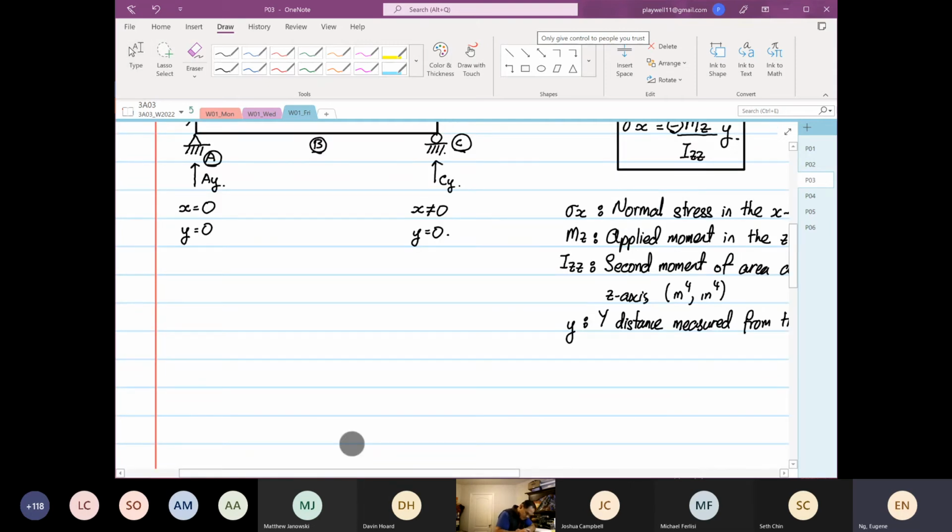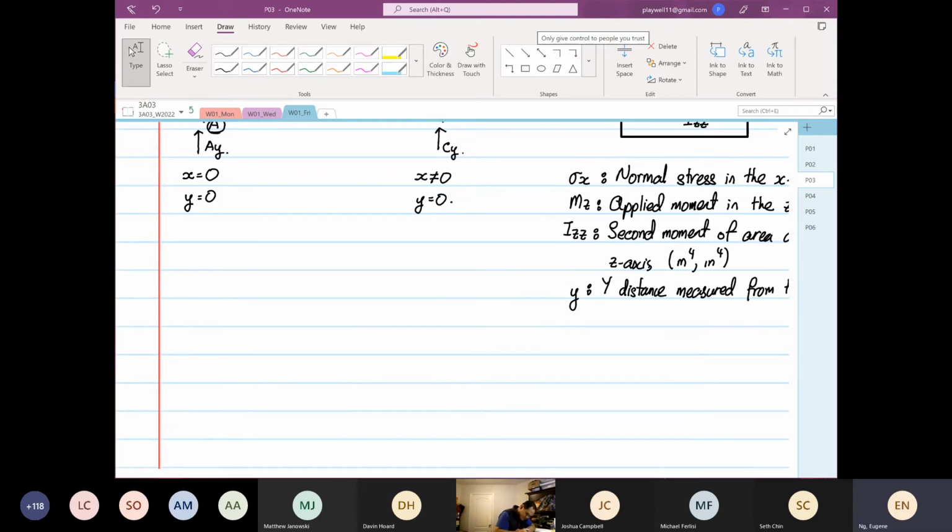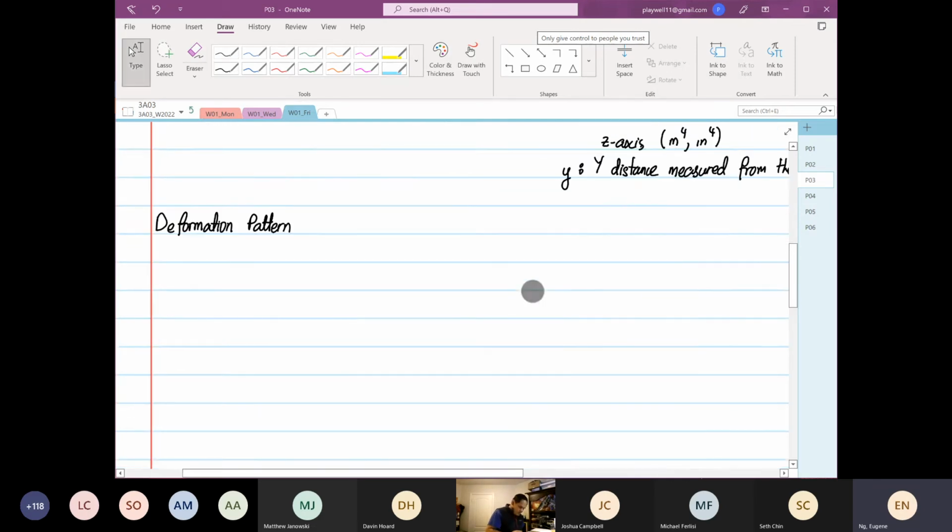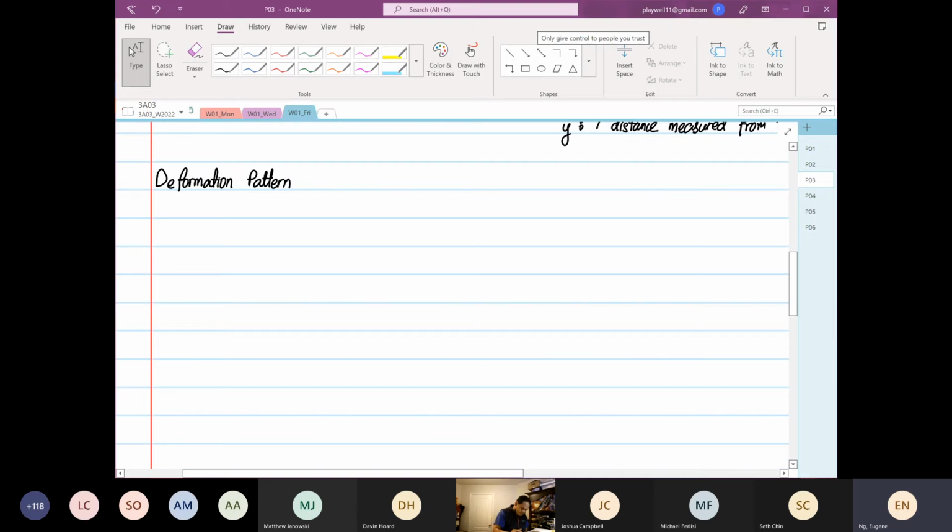Okay, let's look at the deformation pattern. So if we look at the deformation pattern, I'm going to draw how the structure is deformed.